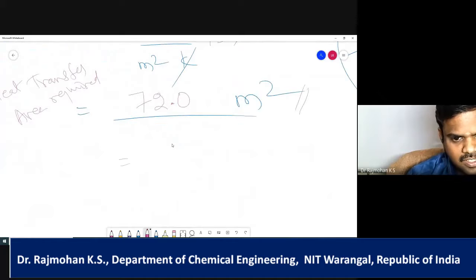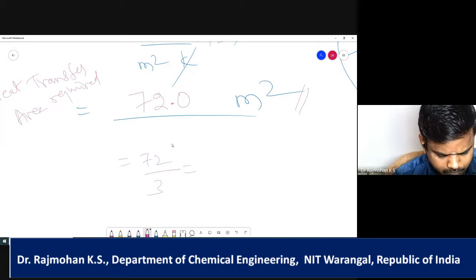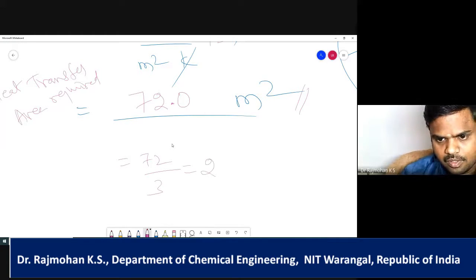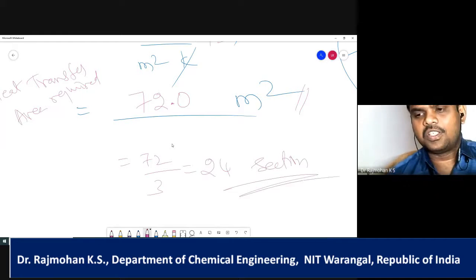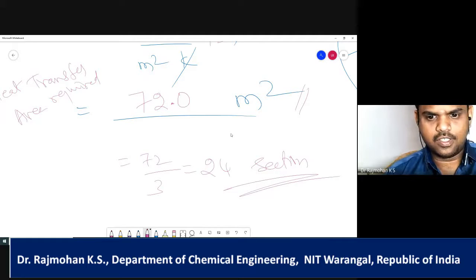It is like an additional thing. 72 divided by 3, how much? 24. So we need 24 sections of crystallizer to get this required heat transfer area.